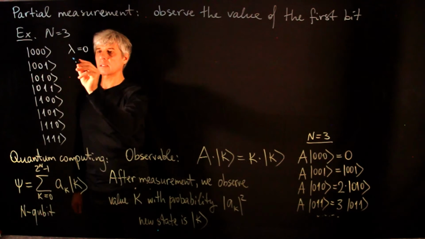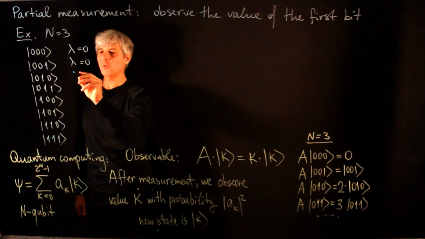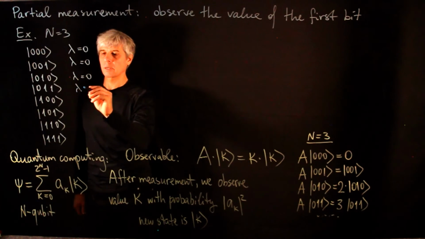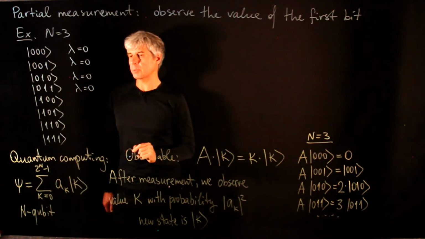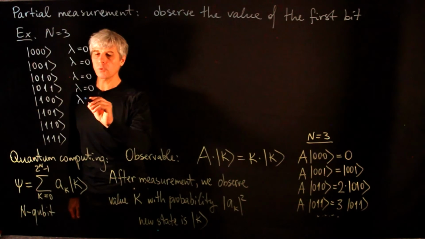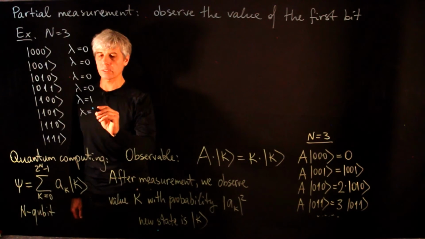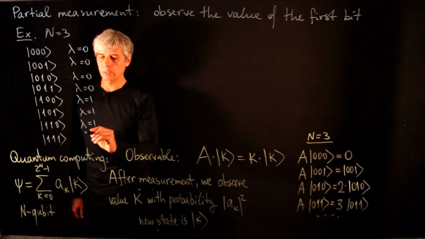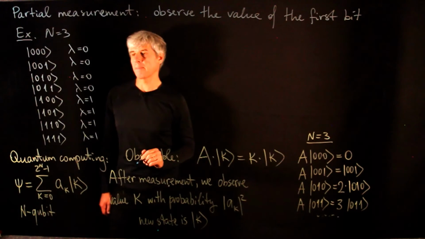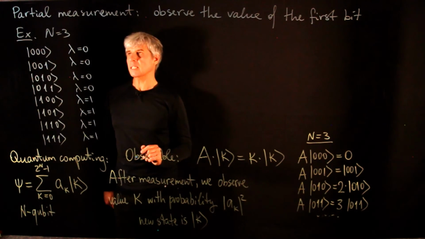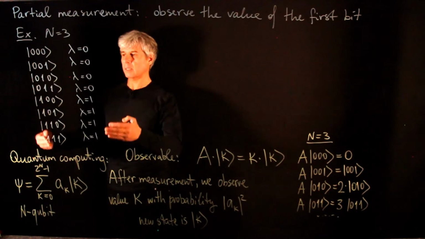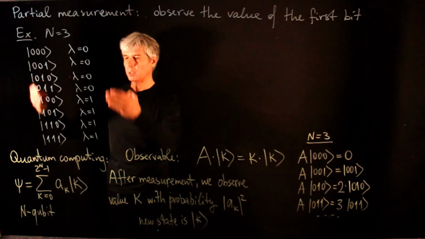So this means that for the first 4 basis vectors, the observed value will be 0, and for the last 4 basis vectors, the observed value will be 1. So this becomes the observable, right?